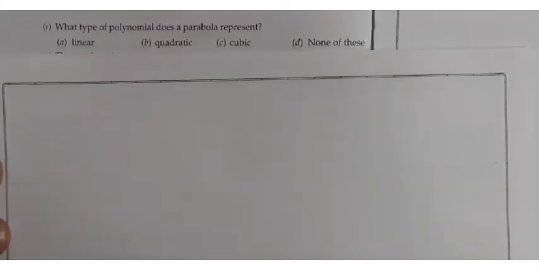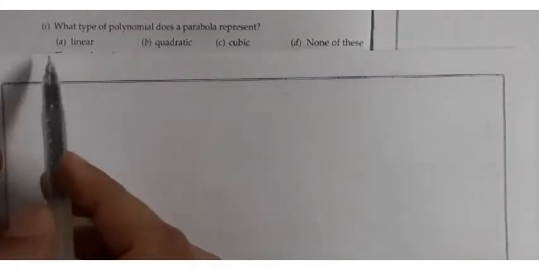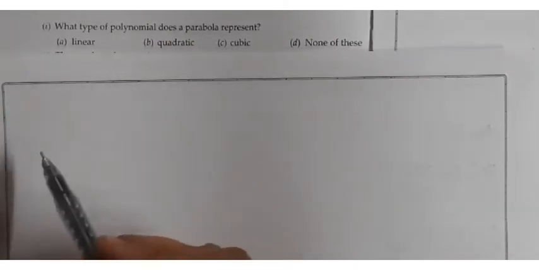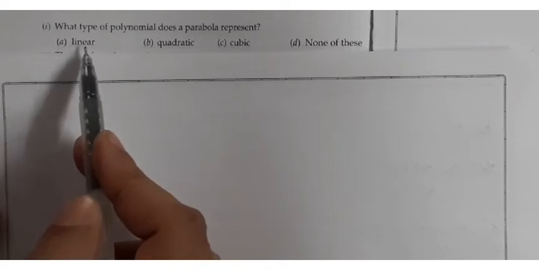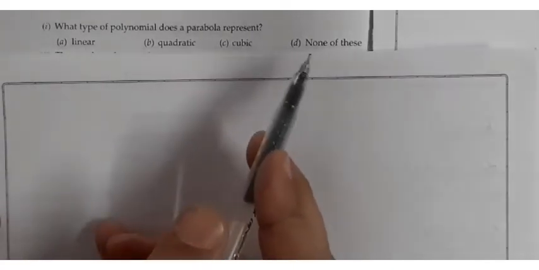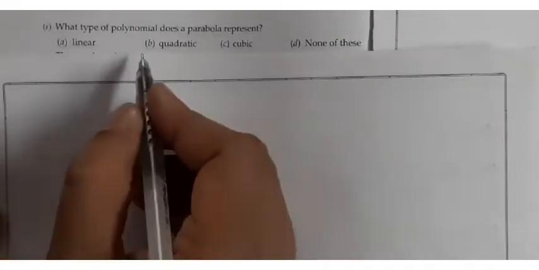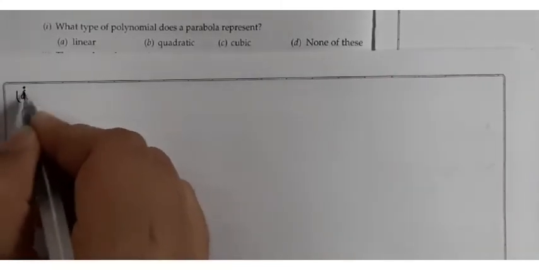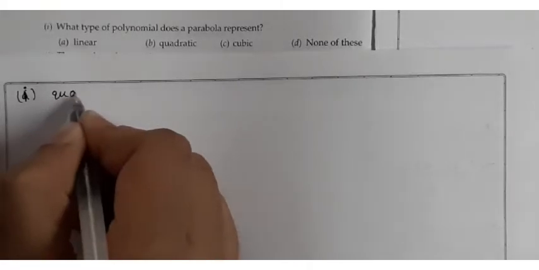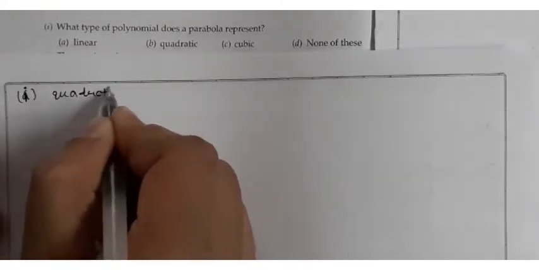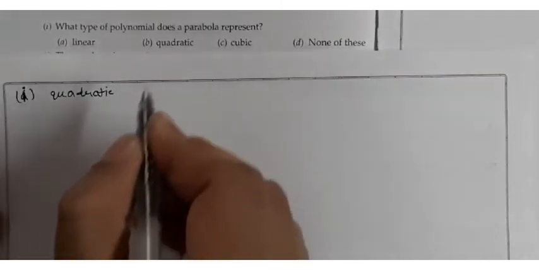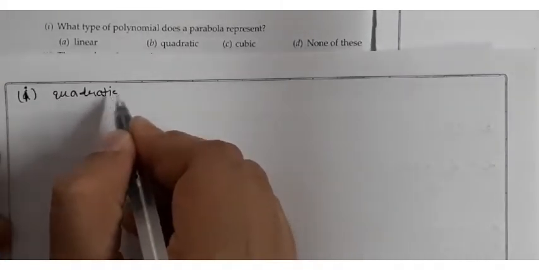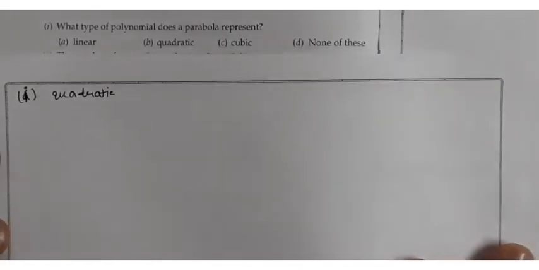Yes, come on, first question. What type of polynomial does a parabola represent? Linear, quadratic, cubic, or none of these. The answer is quadratic, because the shape of the quadratic polynomial is a parabola.